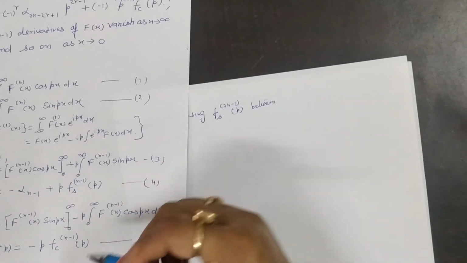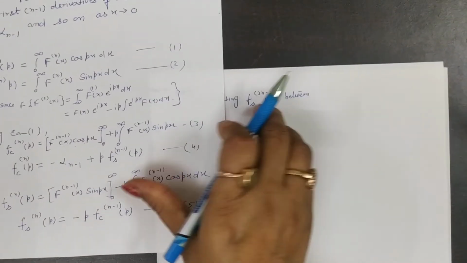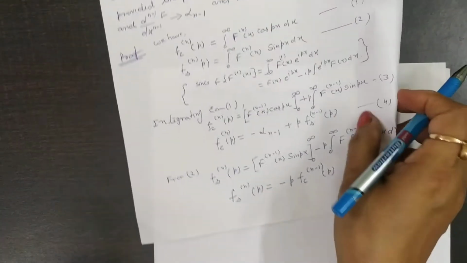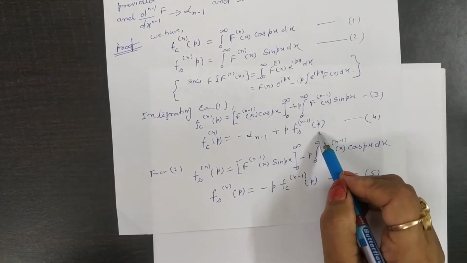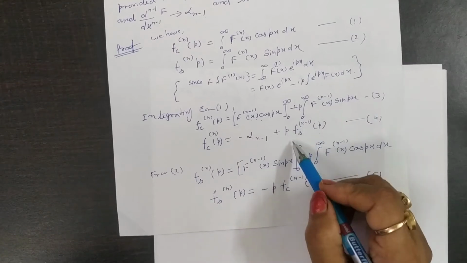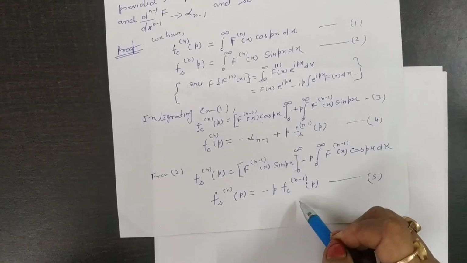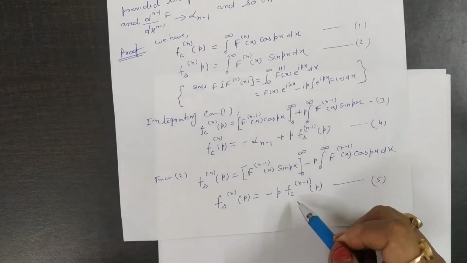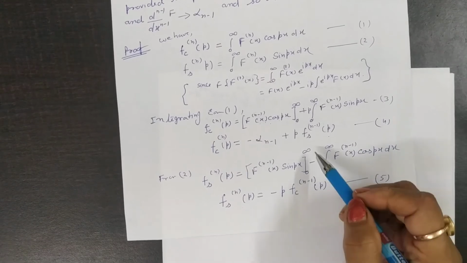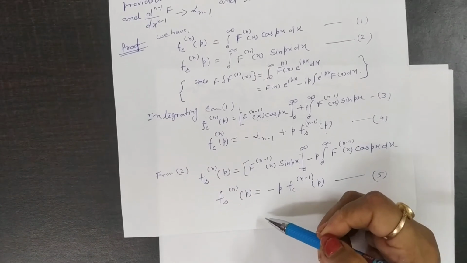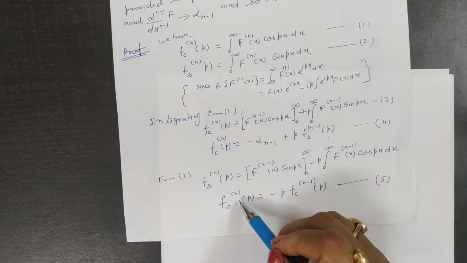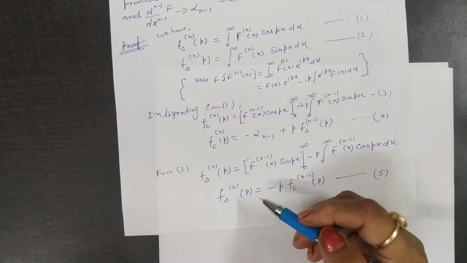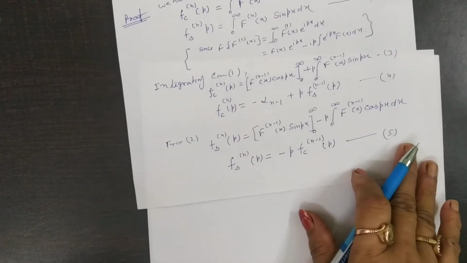F_s is here, F_s is here. So eliminating this is okay. In place of this you write down this one. Here you see that F_s is this one. So the first step is to substitute n as n minus 1.